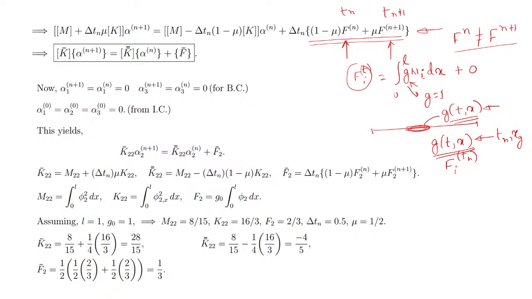Now, since this term is constant, what we have asked for is this delta t term, the time step. We are asking you to change the time step from 0.1 to 0.25 to 0.5. For these three time steps we asked you to solve the problem and check the value of the temperature at the midpoint of the domain.